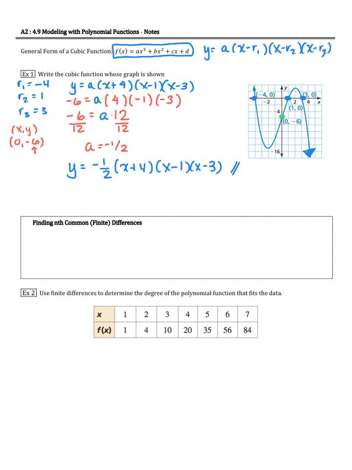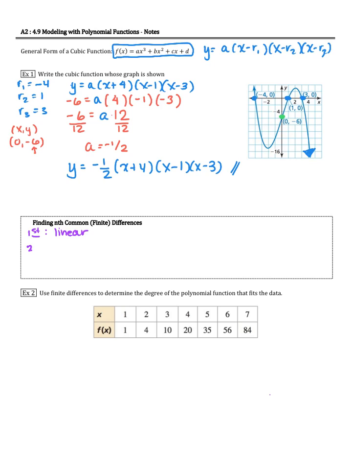Okay, the last thing we're going to look at is something we've already looked at actually. We're going to look at the concept of common constant differences. We know that if you take the difference in the x values and the difference in the y's, and everything is a common difference, that gives you a linear function.